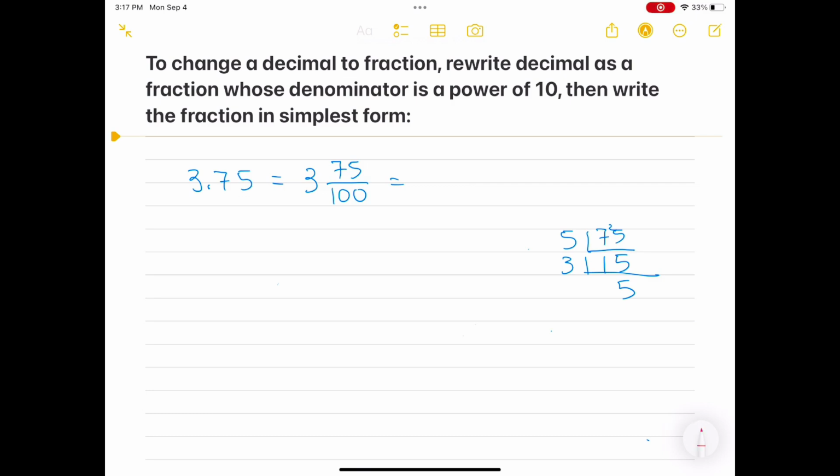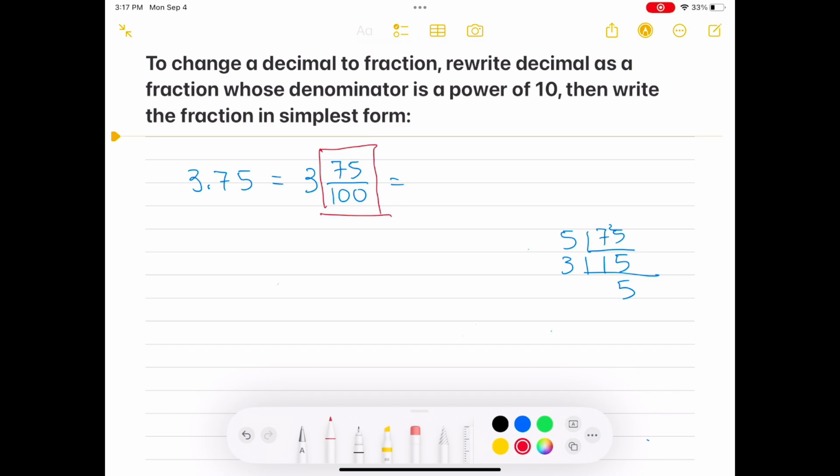Here I'll just draw a red box over 75 100ths so you can see that I'm working on simplifying that part of the fraction. So now I'll just break down 75 100ths into their corresponding prime factors.